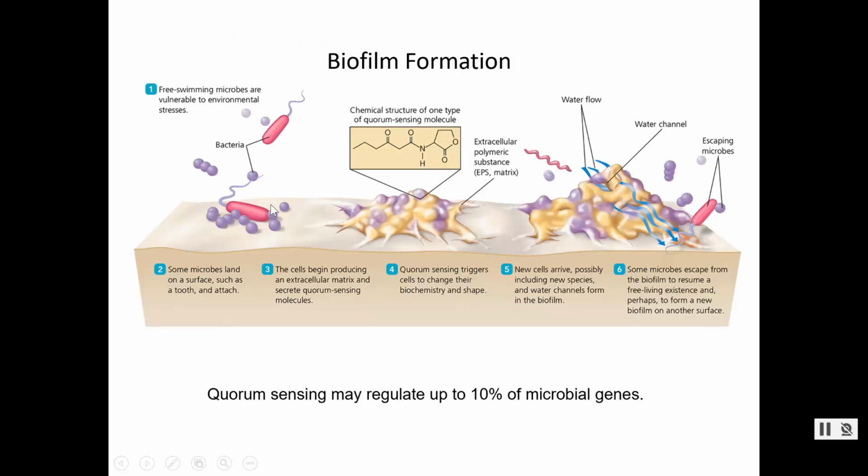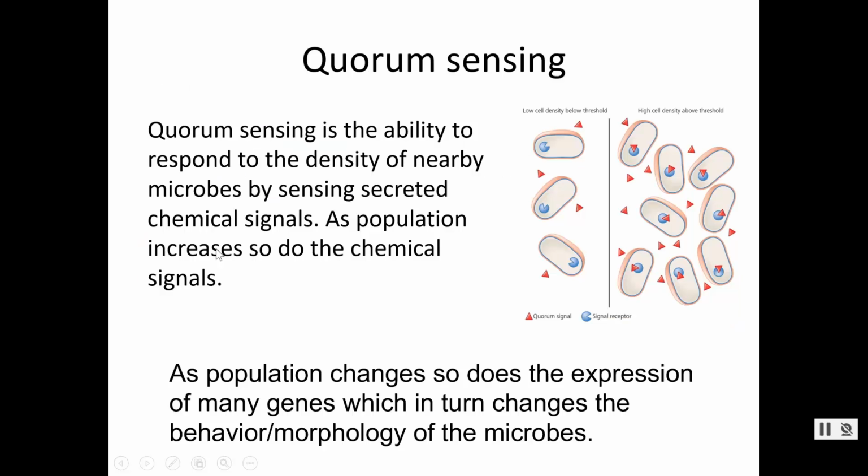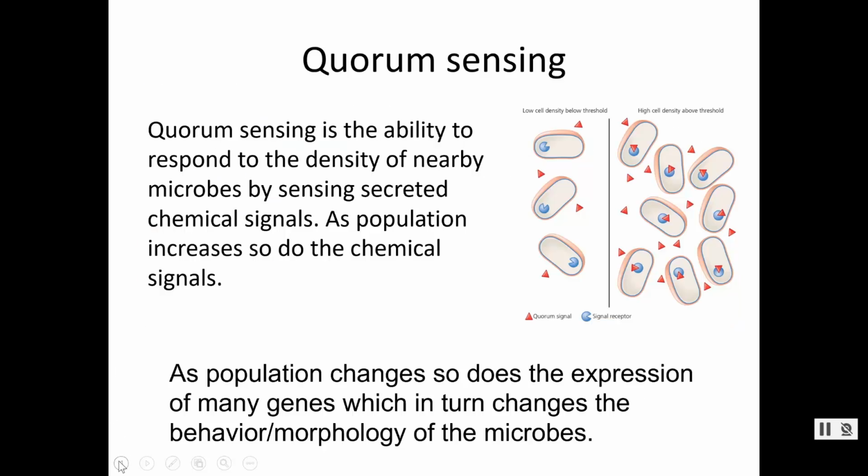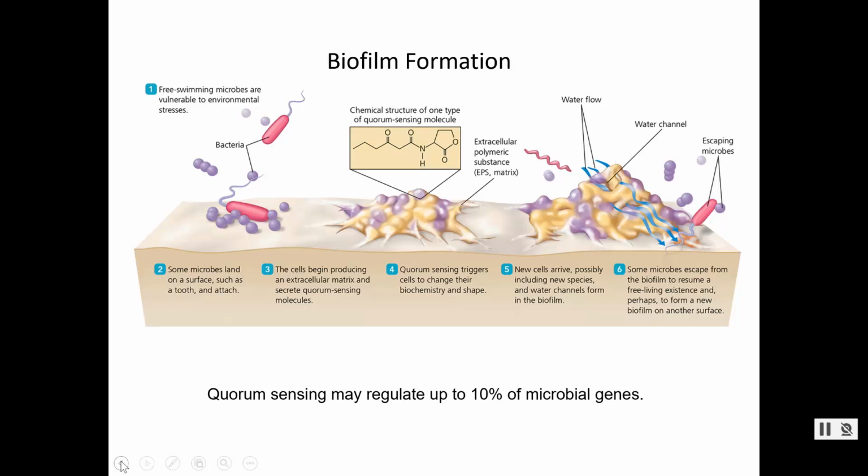All right, so this is a diagram to see that what happens is there's a solid surface and bacteria land on that. You can see different types of bacteria are landing. Oh, sorry, I keep pushing the wrong thing. Different bacteria are landing, and then as they attach, and then once they figure out that they're with a community, they will start producing different proteins and different molecules.